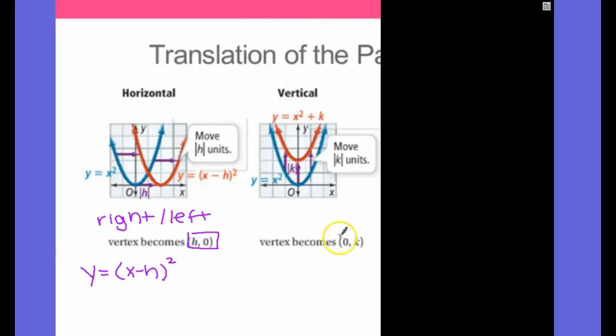If your graph is moved up or down, then our k value is going to be affected. And our function will look like y equals x squared plus k. There will actually be no parentheses on this function.